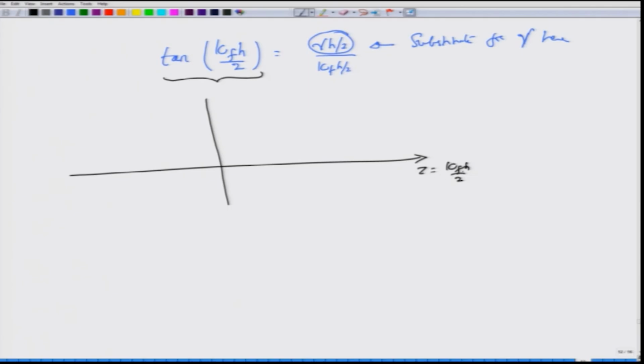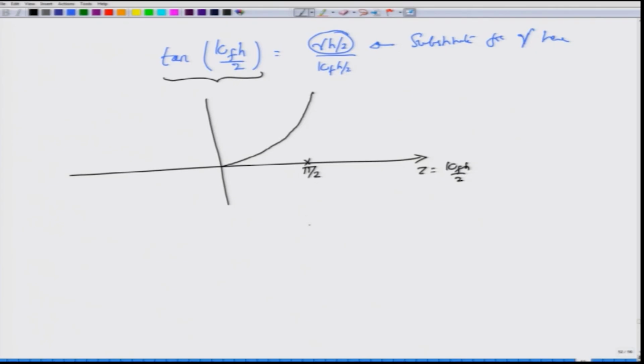Well, at z equal to 0, the tan function will be 0, but then it increases steadily and of course goes off to infinity at pi by 2. So, when kappa f h by 2 nears pi by 2, the value of the tan function has gone up to infinity, asymptotically.